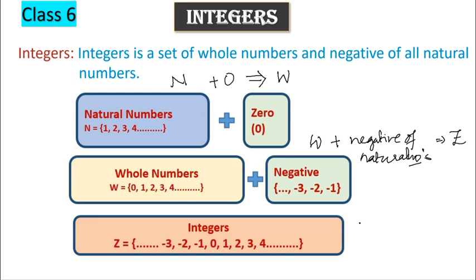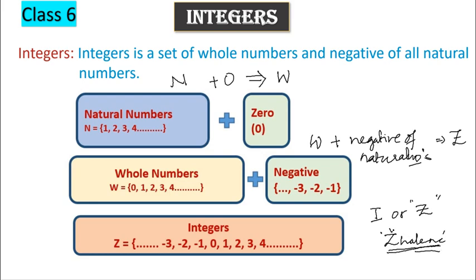Remember, the set of integers is represented using capital letter I or capital letter Z. This capital letter Z is used because in the Latin word Zahlen refers to counting of the numbers.